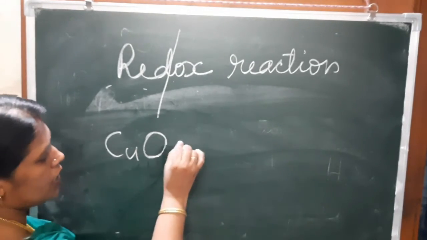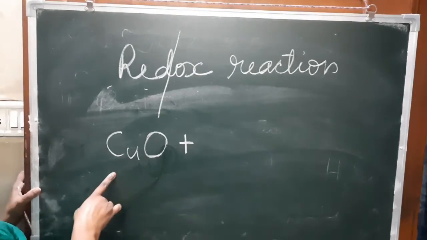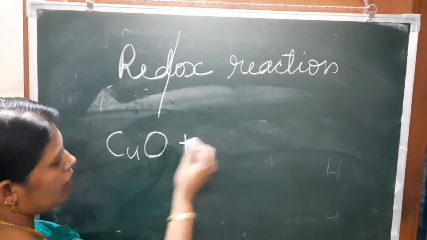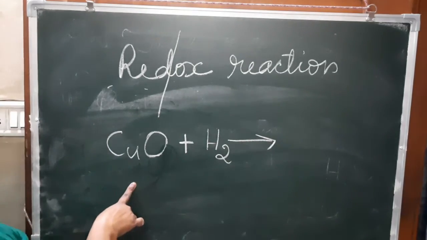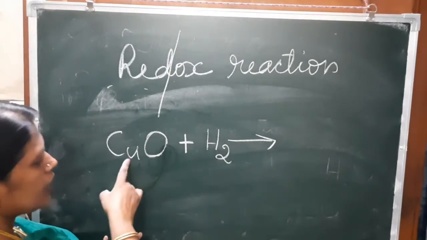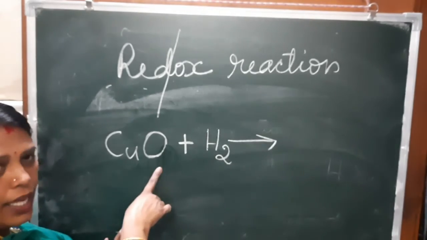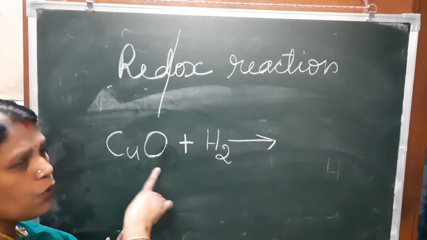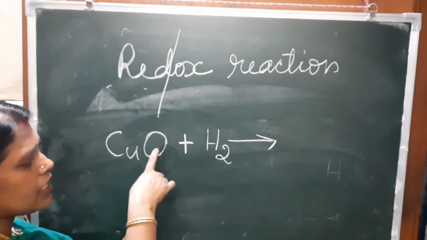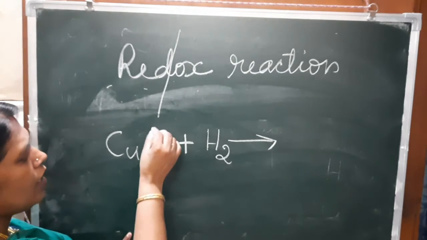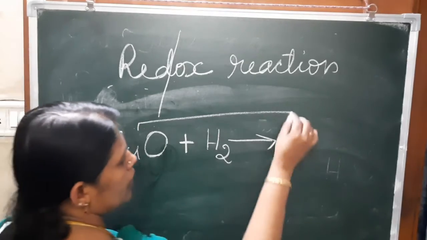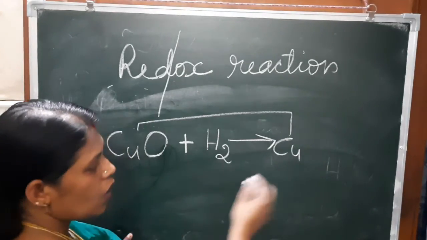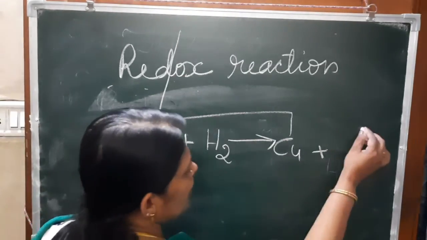This copper oxide is reduced, because oxygen is removed. Copper is separated, and the oxygen comes out.